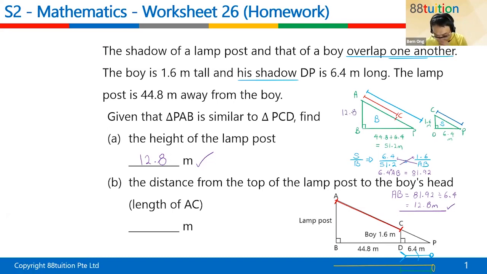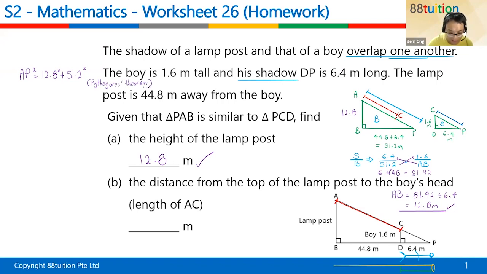So how? I have the short and short, very good. Go and find AP. So AP square, the long square, is equal to the short square, 12.8 squared, plus 51.2 squared. Some schools don't require you to write the phrase Pythagoras theorem. I don't know, some of your schools might be a little more strict.